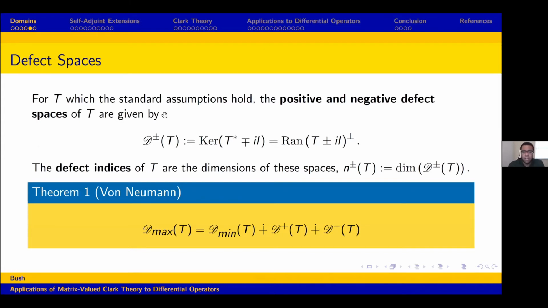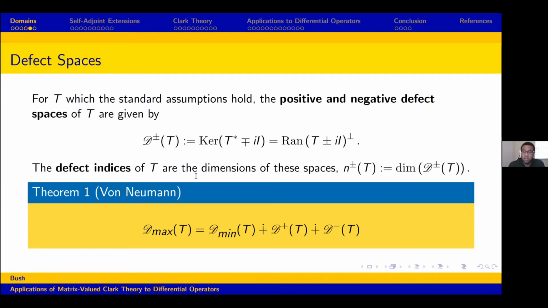For the standard assumptions, and when I say that throughout this talk, I mean closed, symmetric, densely defined linear map, its positive and negative defect spaces are given here. They're going to be the kernel of the adjoint of T, essentially minus or plus the identity times i, or equivalently the perp of this range here.